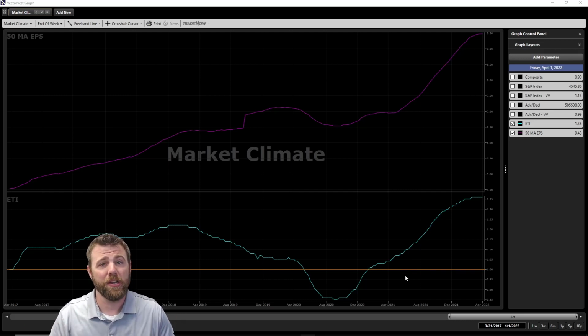As we say here at VectorVest, earnings are the engine that drives stock prices higher over time. With the 50-day moving average earnings per share of the S&P 500 continuing to ramp up, and the ETI indicator continuing to ramp up as well, that tells us earnings are growing and offsetting the risk we have with inflation and interest rates for the time being.